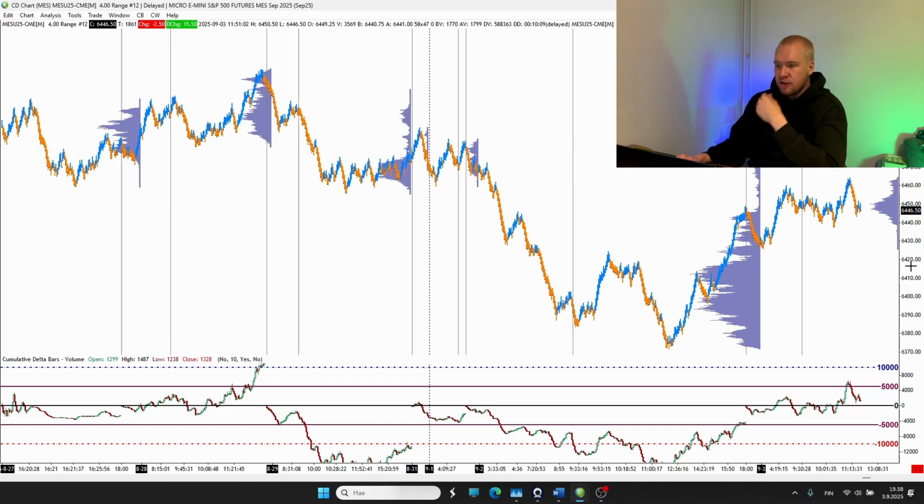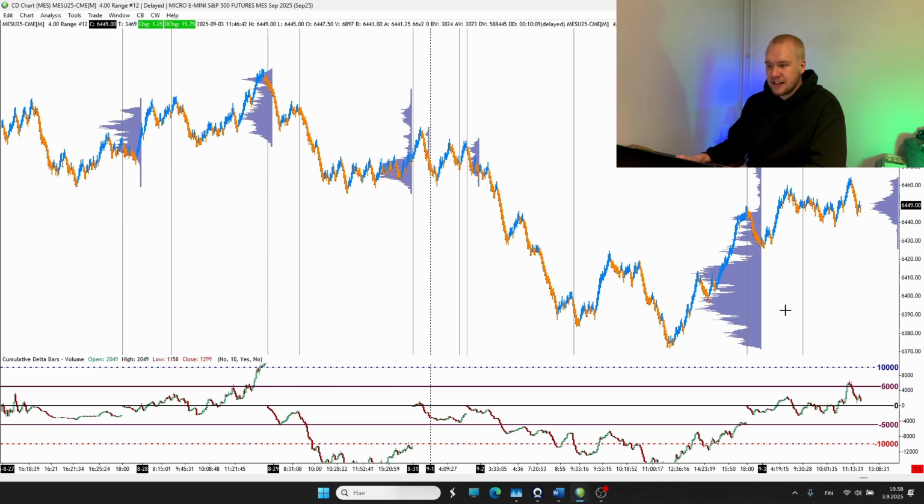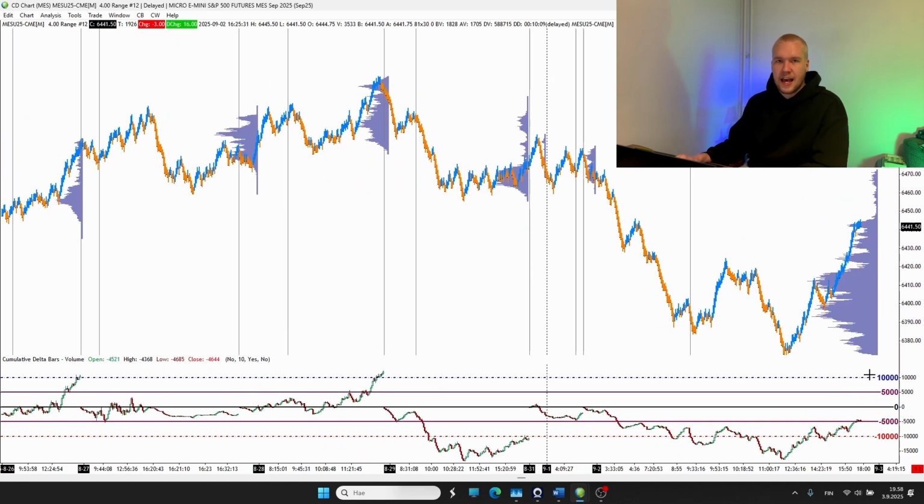If you would be so kind, I want you to put a timestamp on exactly where you saw it. You can see the dates and the times here below. So if you actually did this, pause the screen, try to look for a delta divergence and let me know if you find any.